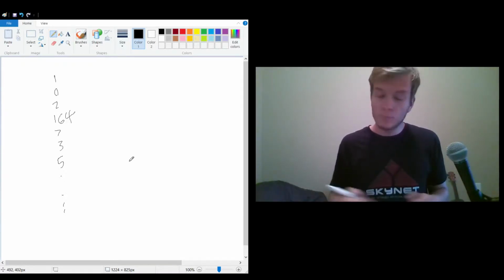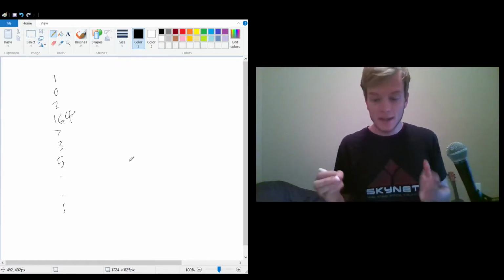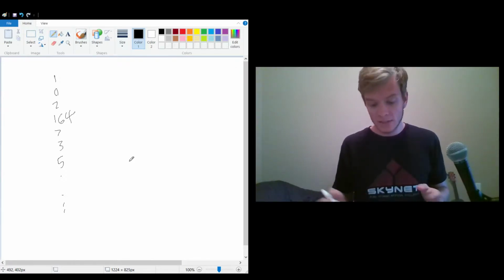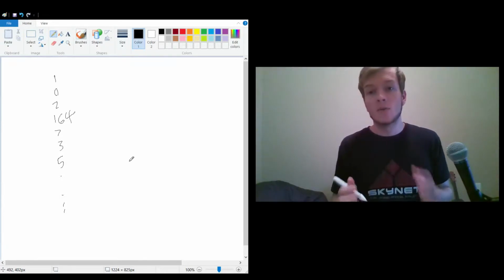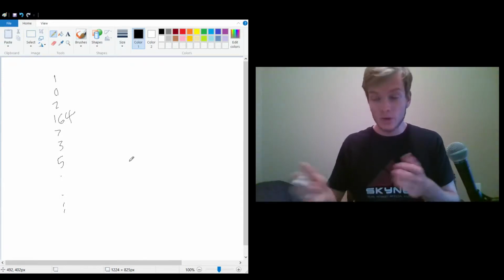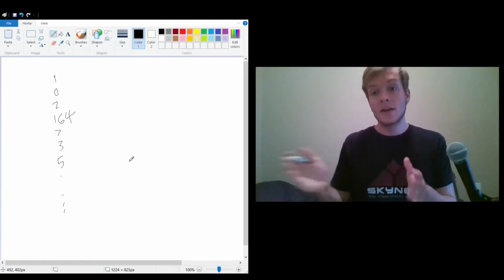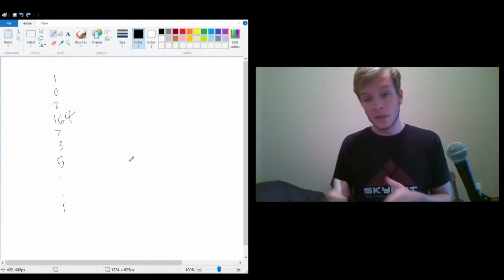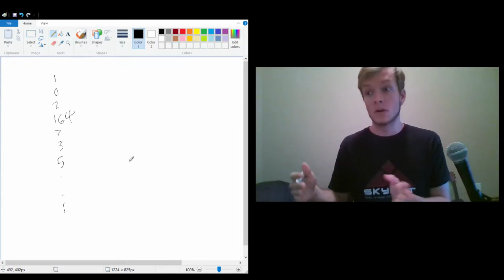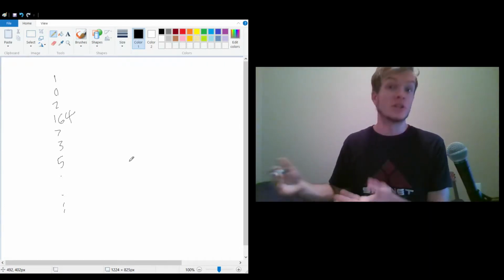So pretty much any programming language has an if statement structure because it allows for dynamic programs. So if a specific condition is seen, then the program follows a different path than if the condition is not seen.